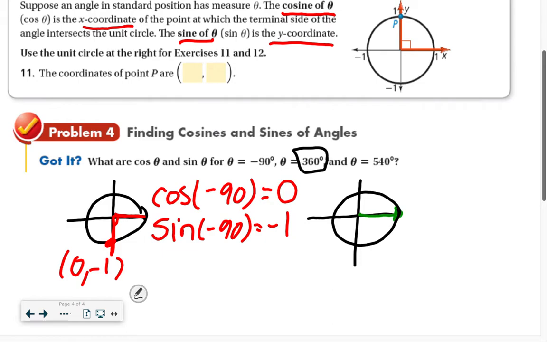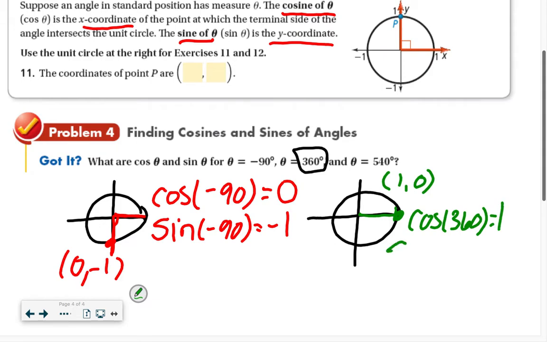It intersects my unit circle at what? The point 1, 0. Okay. So the cosine of 360 is my x coordinate, which is what? 1.